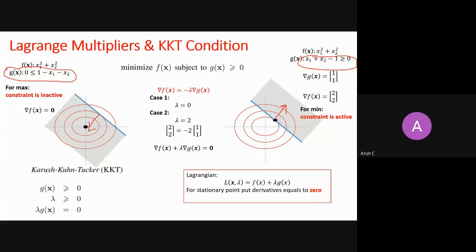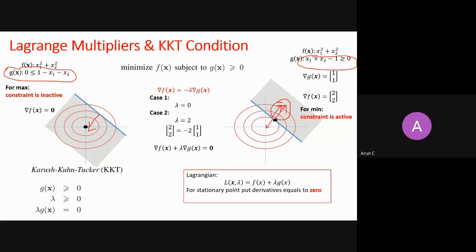If I am minimizing it, it means my gradient is also in the same direction, right? And I want to minimize it by going in the opposite direction. So what I am saying here is that the gradient of the constraint and the gradient of the function are in the same direction.